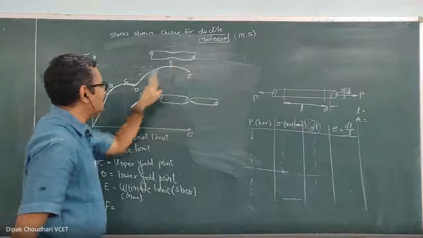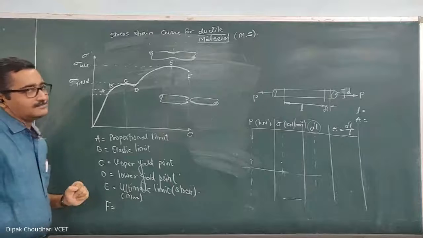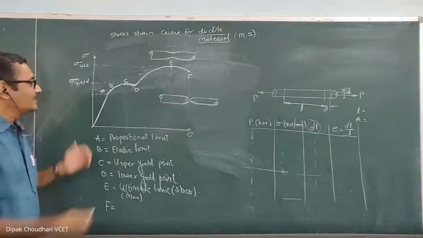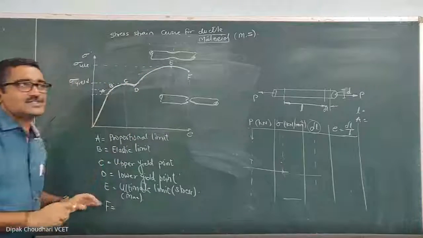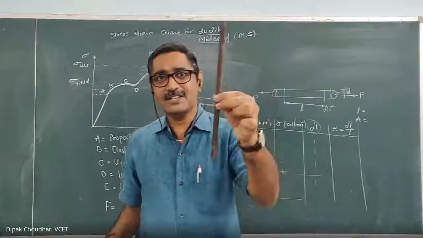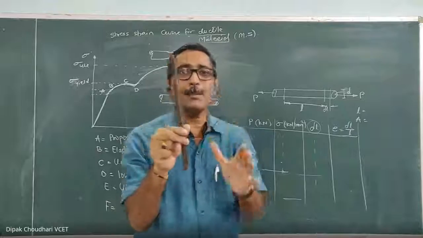Here, ultimate stress, yield stress, elastic limit, and proportional limit. These limits, these corresponding stress values are important. Suppose I consider mild steel and make some component using it, I should know the properties of that mild steel.